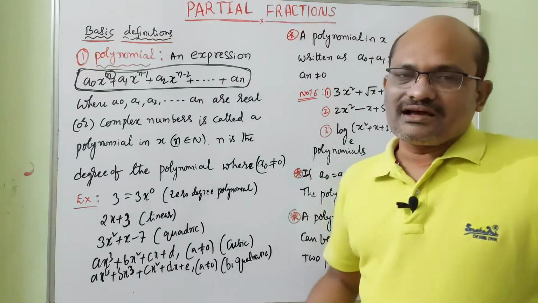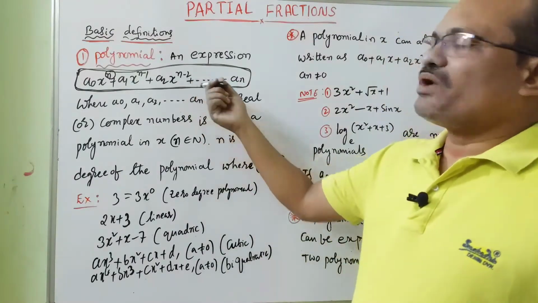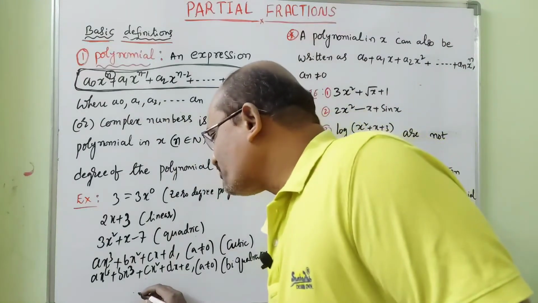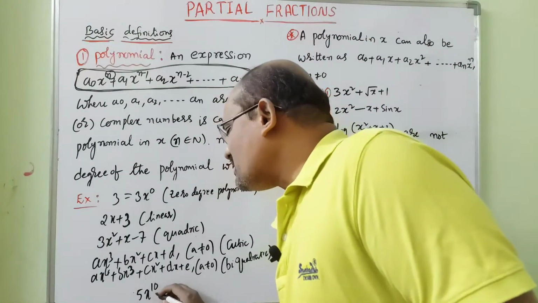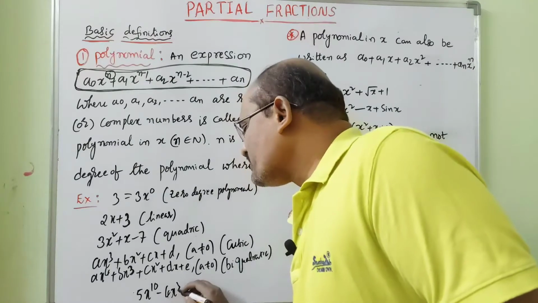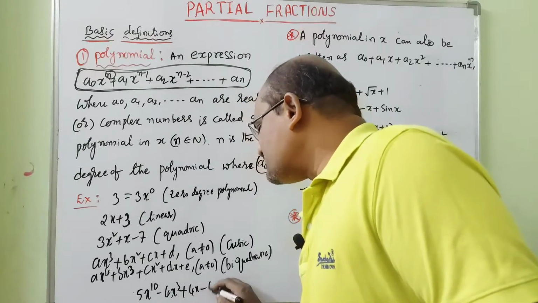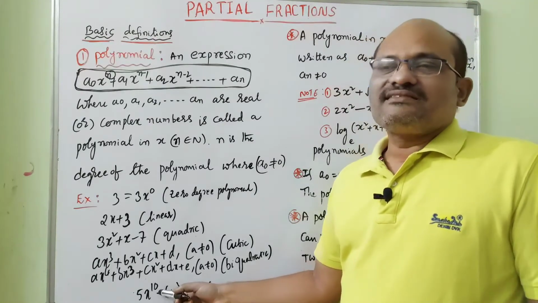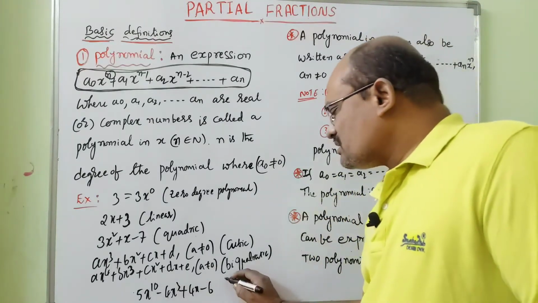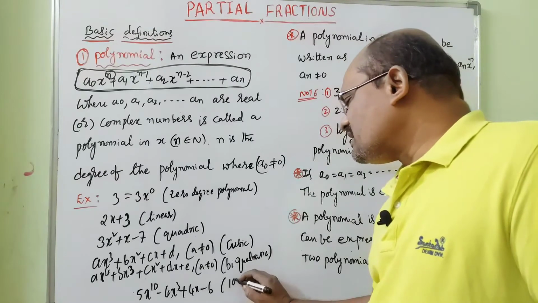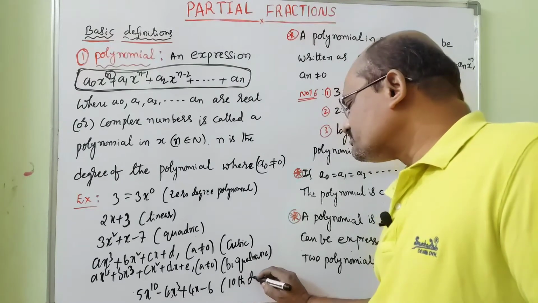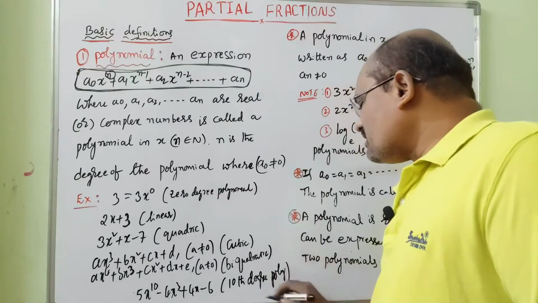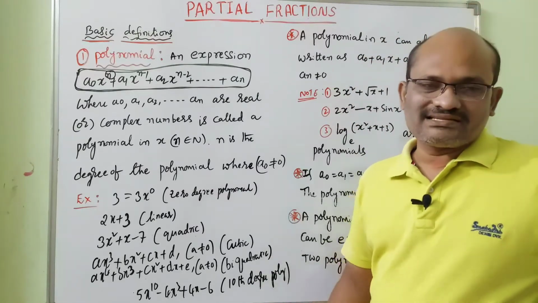If you continue like that, you will get an nth degree polynomial. Here the highest power is n. For example, say 5x power 10 minus 4x cube plus 4x minus 6. Observe this polynomial. It's a 10th degree polynomial. These are the examples of polynomials.